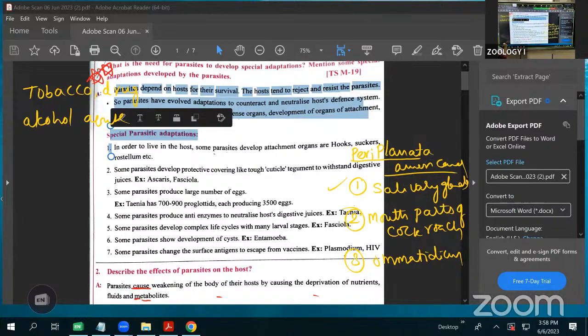Okay, this is about the SAQs. Next, with the Periplaneta diagrams, we will continue tomorrow's class at the same time. Tomorrow we can meet.